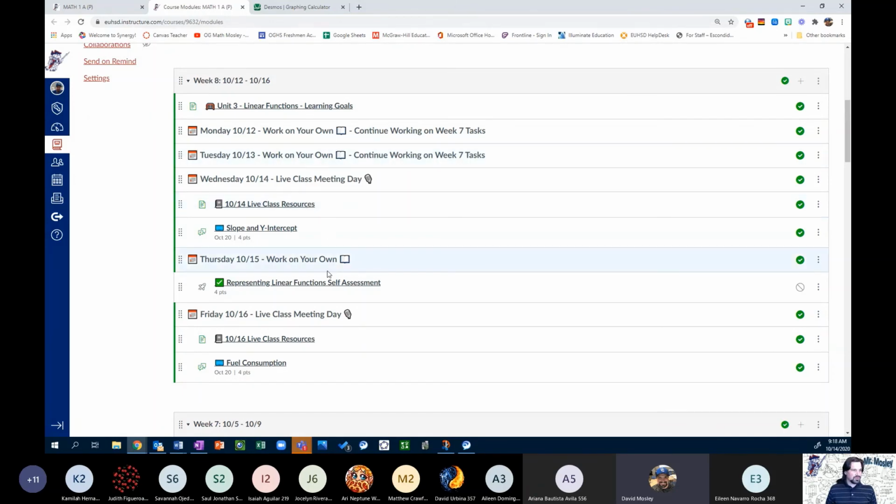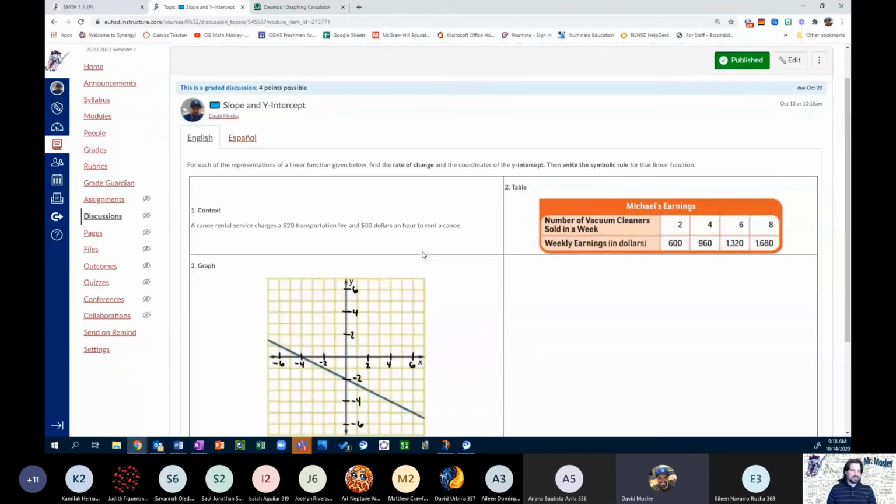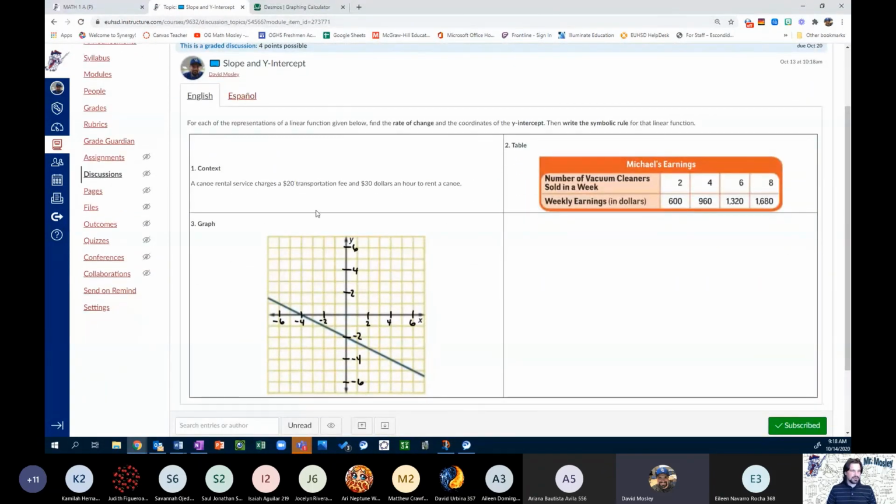Our discussion board for today looks like this. Right? It's about slope and y-intercept. And you're given a context, a table, and a graph. And for each of these representations, you need to find the rate of change and the coordinates of the y-intercept, then write the symbolic rule for that linear function.